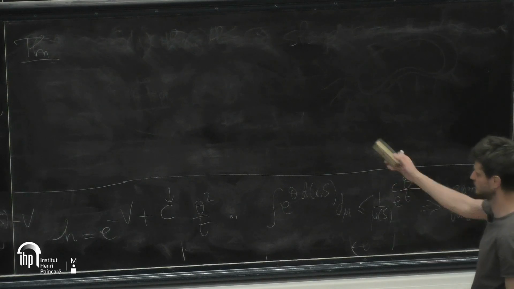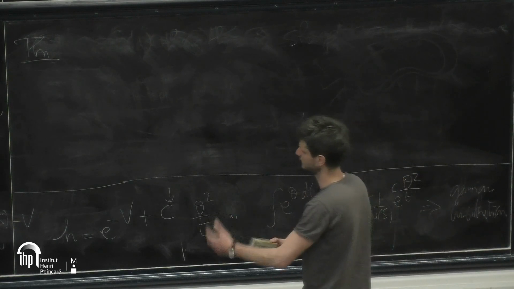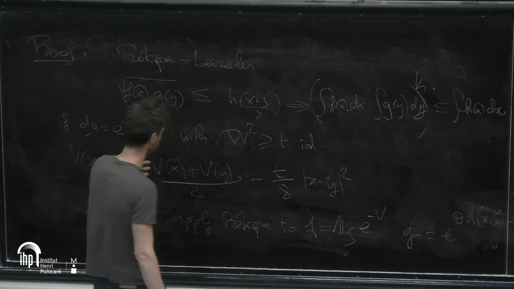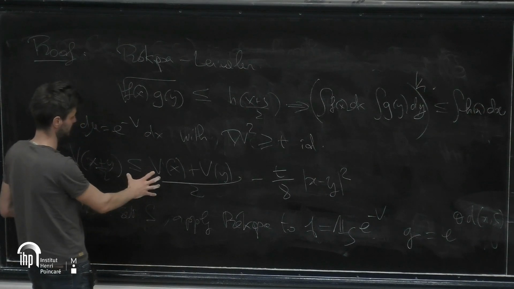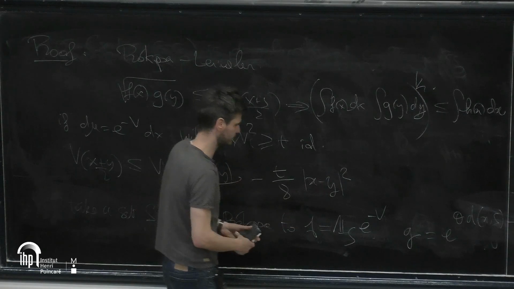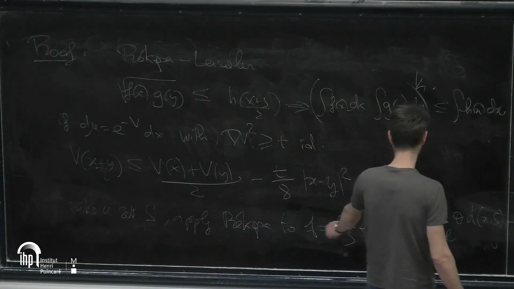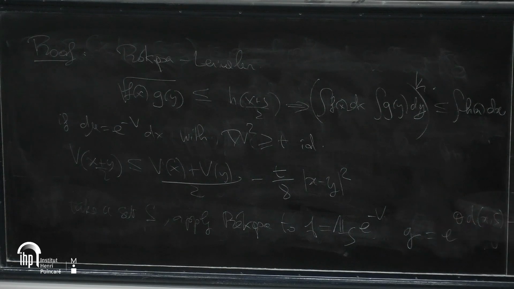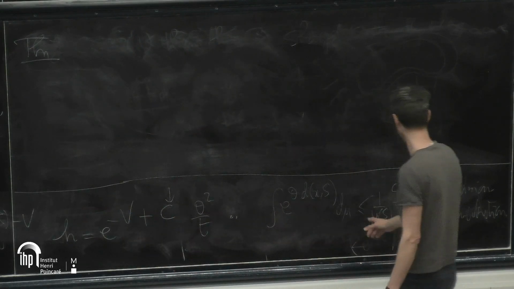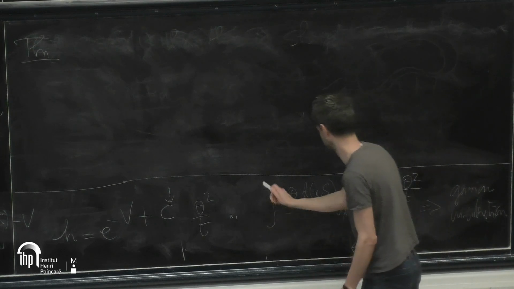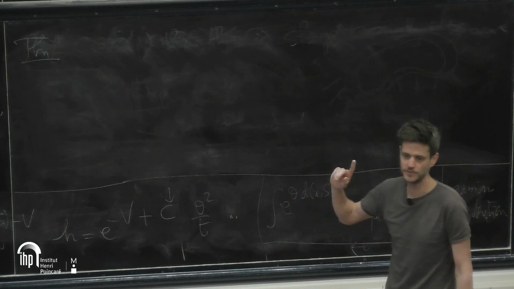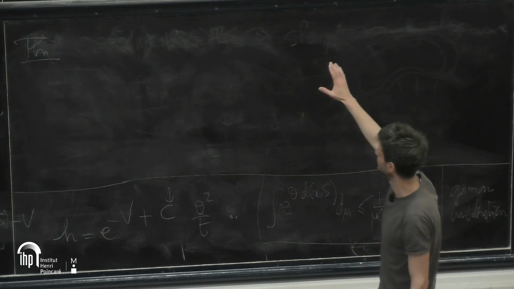And the proof, you see, you take advantage of uniform log concavity. You gain this x minus y squared here, and when you apply Prékopa, you gain this and get some estimate here. By the way, I should mention you can be a bit more precise than that.